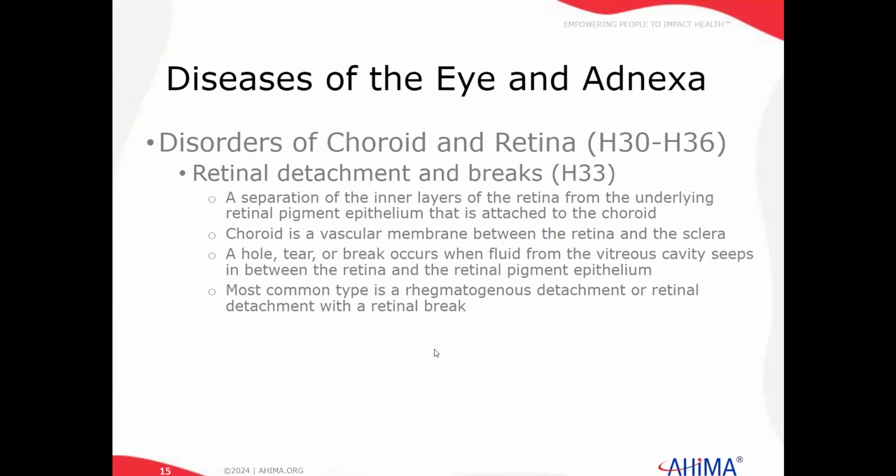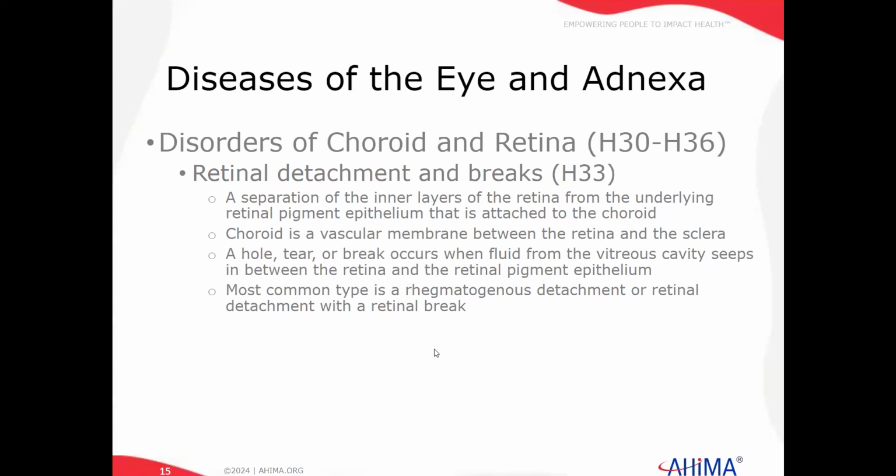And again, we have disorders of the choroid and retina, H33, H36. And when we think of retinal disorders, the one that comes to mind is the retinal detachment, which is H33. This involves any separation of the inner layers of the retina from the rest of the retinal epithelium, which is attached to the choroid.